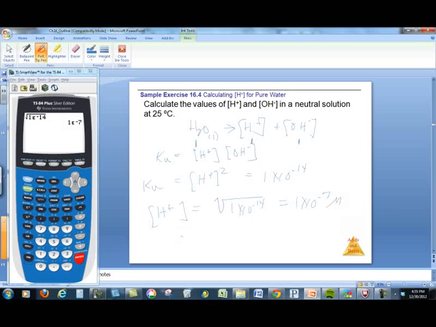And so that's H plus. For every H plus I get, I also get an OH minus, so the concentration of that is going to be exactly the same. It should be 1.0 times 10 to the minus 7 molar. Okay.